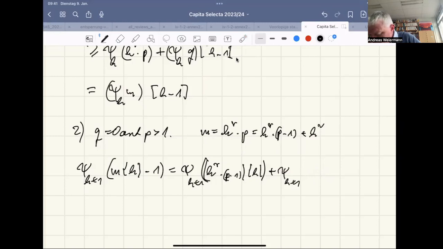So we consider the base change in k. And then we have to do what?